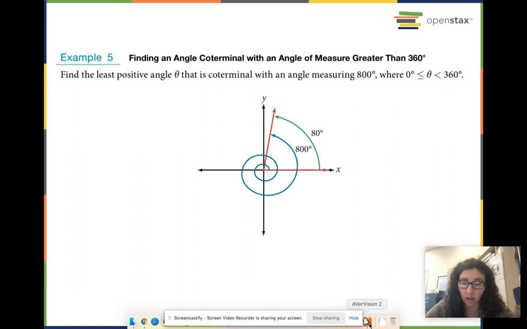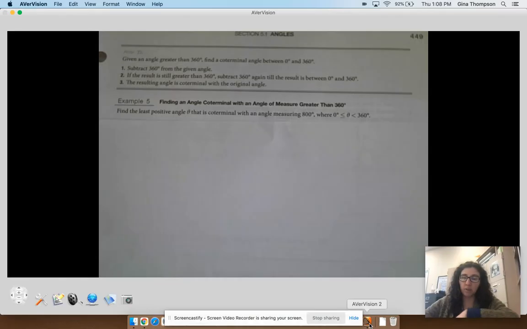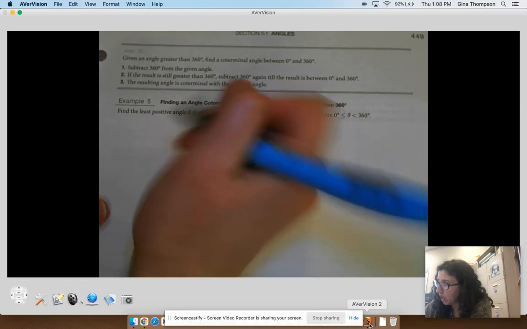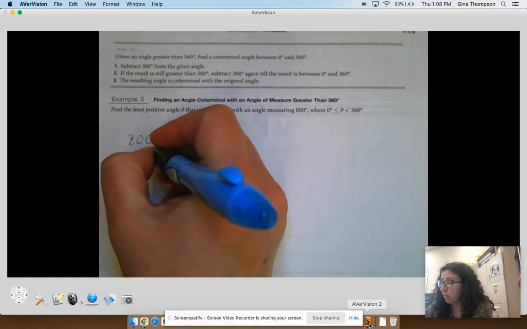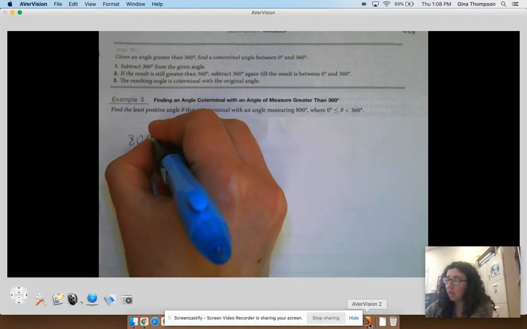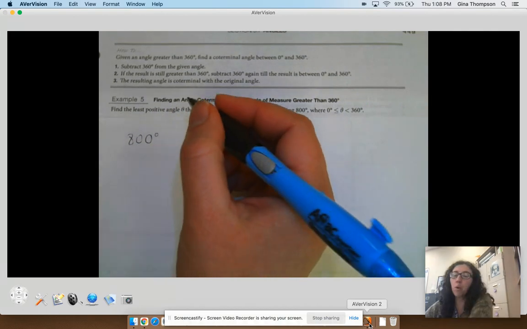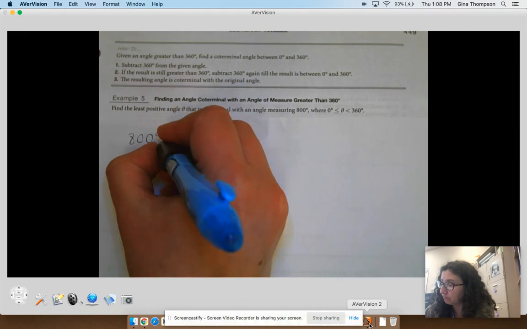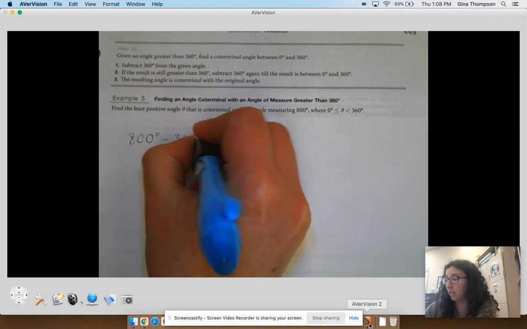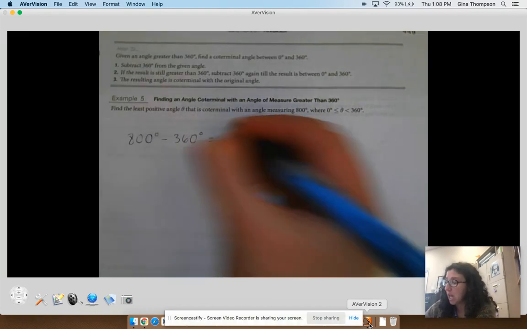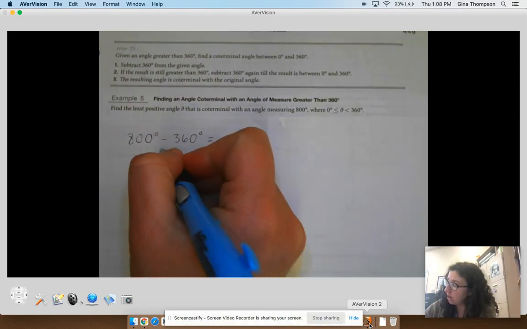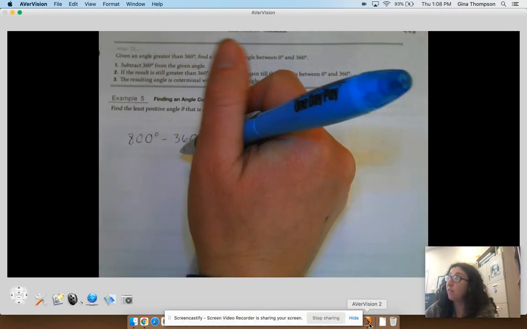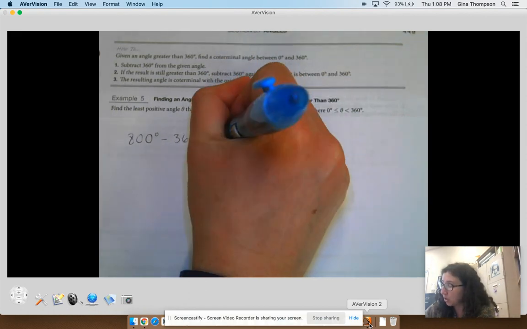Let's just look at how we'd solve this. There's not a lot of magic to it. If we have an angle that's 800 degrees and we want it to be between 0 and 360, let's just subtract 360 from it. And we get, minus 300 is 500, so that would be 440 degrees.